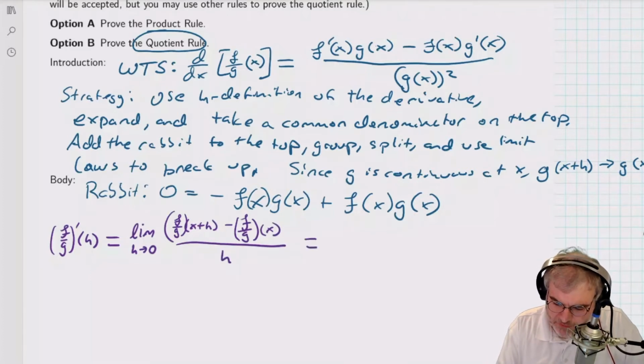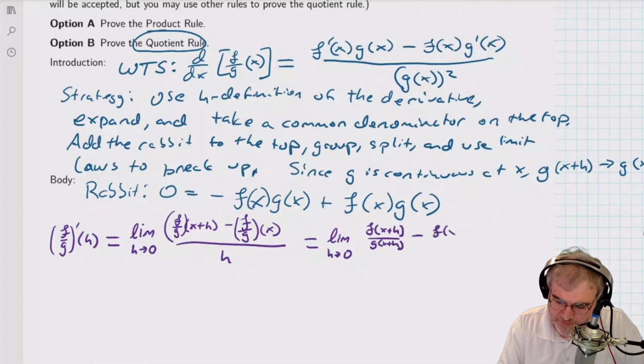And that equals the limit as h goes to 0 of f of x plus h over g of x plus h minus f of x over g of x, all over h.